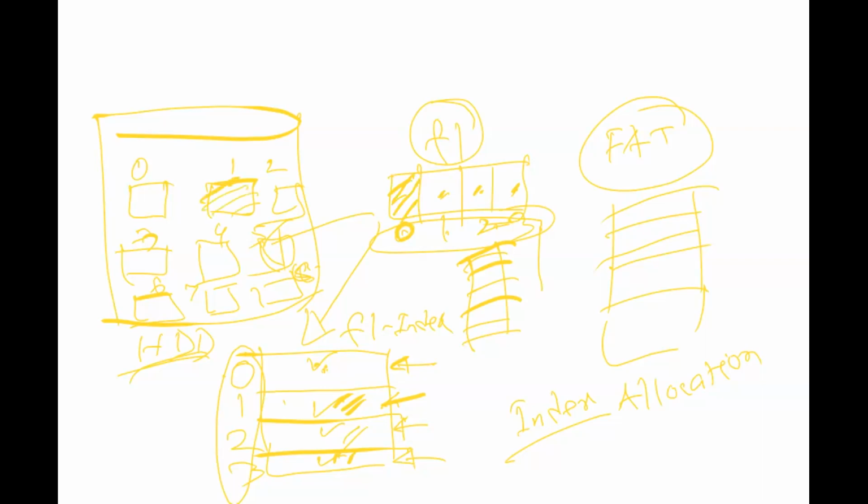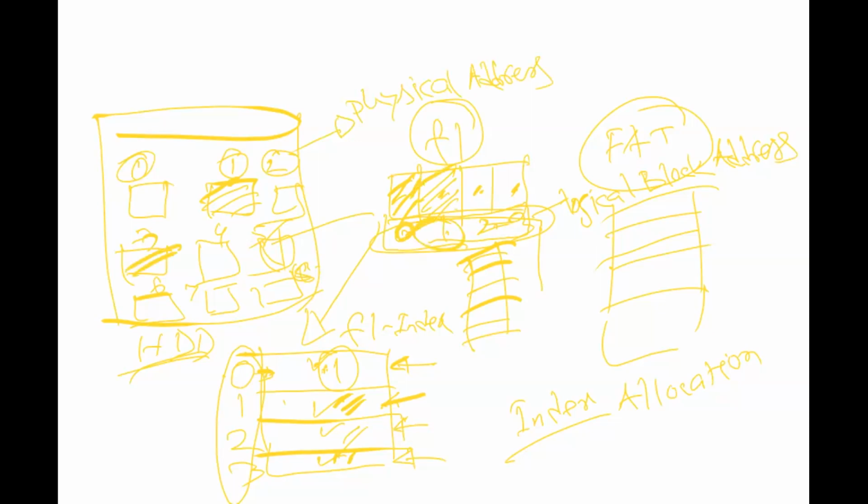So this file index table's 0 index will store this number 1. And then let's see the 1 number block. This is also known as the logical block address, and this is the physical block address inside the HDD, called the physical address. Let's say the 1 number logical block was loaded in block number 3.